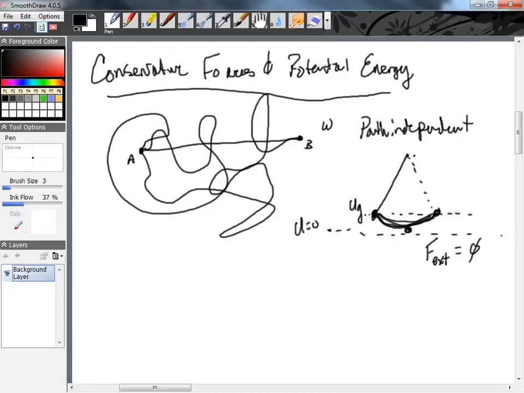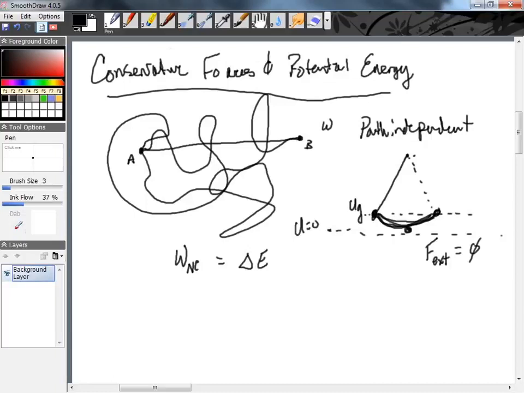So the main equation that we want to talk about here is the first one. The work done by a non-conservative force is equal to our change in mechanical energy. And this covers everything. All of our contingencies are included right here.